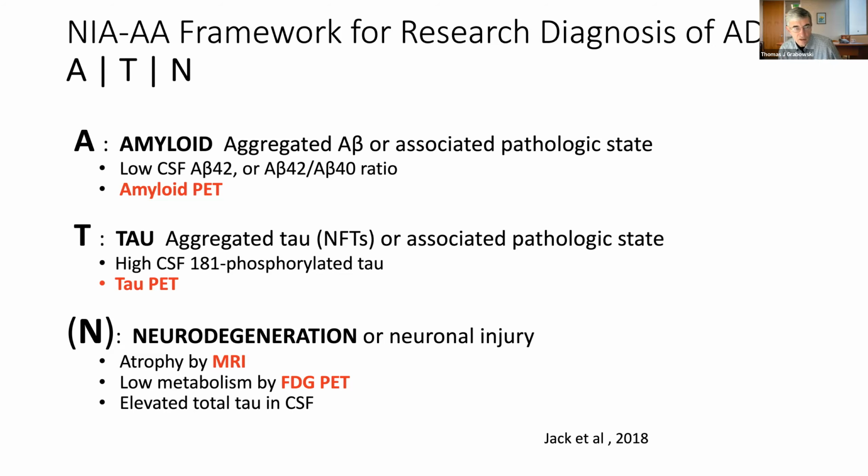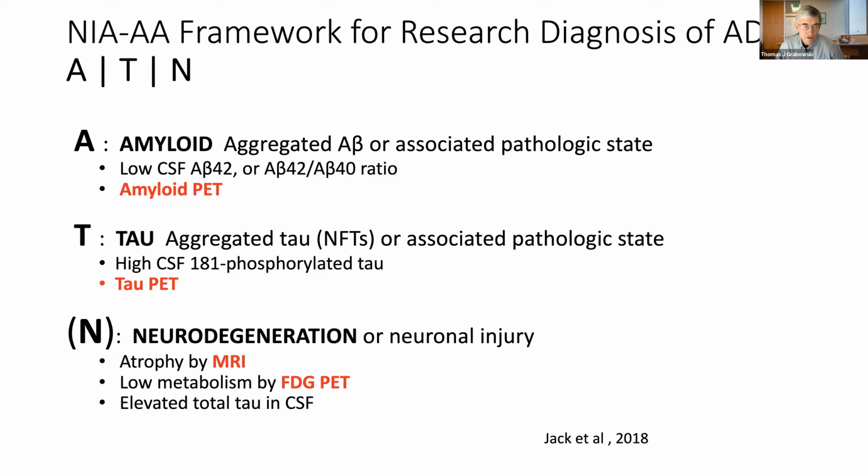The amyloid markers are both imaging markers and fluid biomarkers. They don't exactly measure the same thing, and we can talk about that if you like, but there are ways to get at an amyloid marker with spinal fluid, or now blood plasma, or with specific molecular imaging with PET. Same thing for tau. Spinal fluid would be the gold standard.